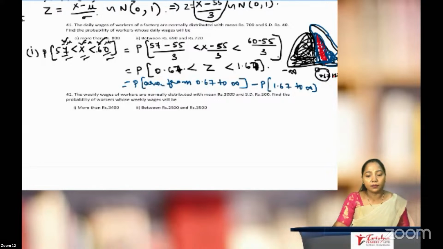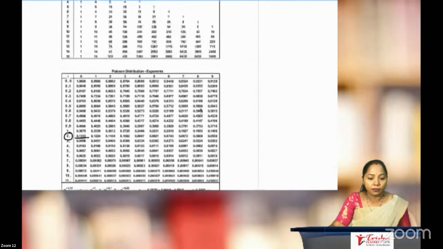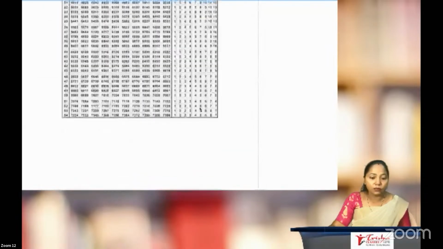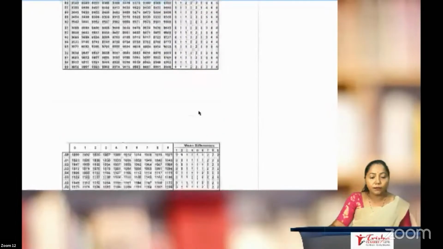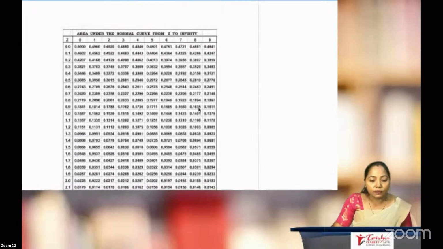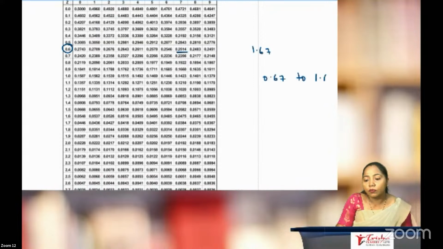Now we have the normal distribution table, where we read the area for z to infinity. Our z values are 0.67 and 1.67.